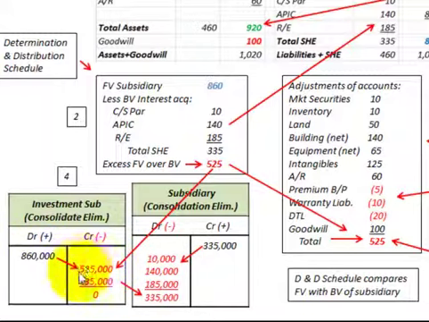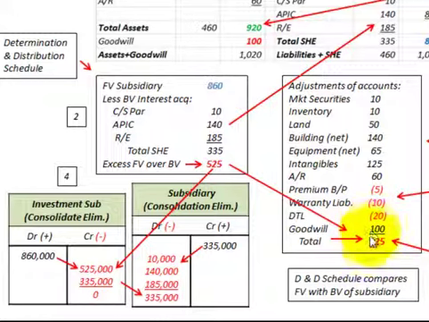First, $525,000, and that would come off our distribution schedule, and that would be the excess of the fair value over the book value for this subsidiary, and that was $525,000. And that $525,000 would have these balancing amounts for the adjustments to the assets and liabilities, and it would also include the goodwill of $100,000.